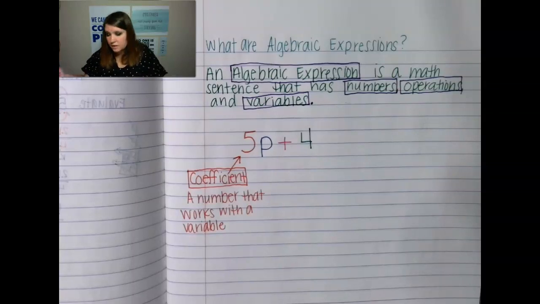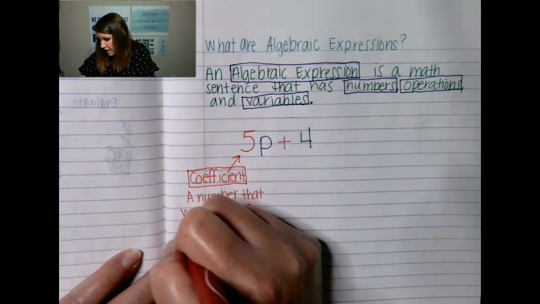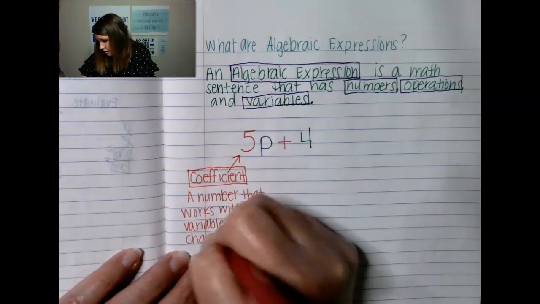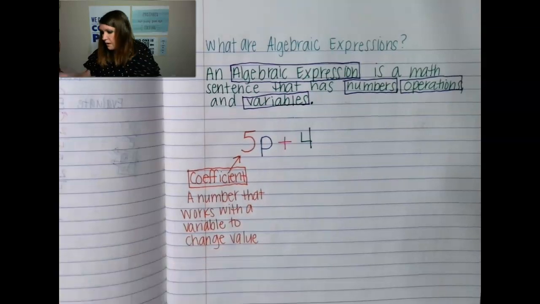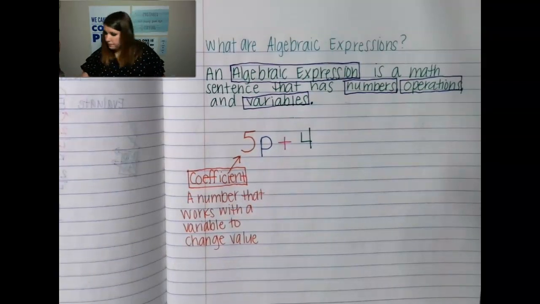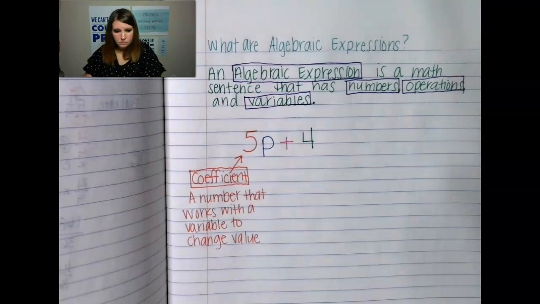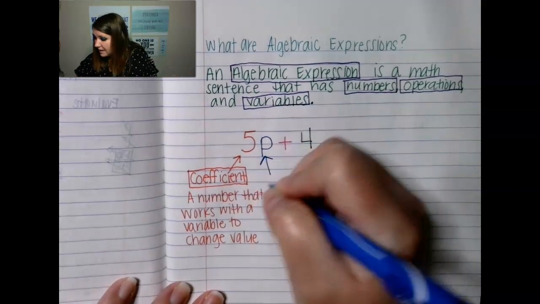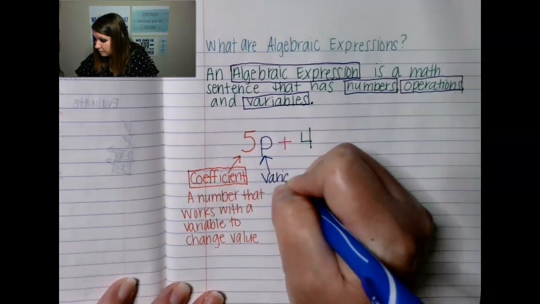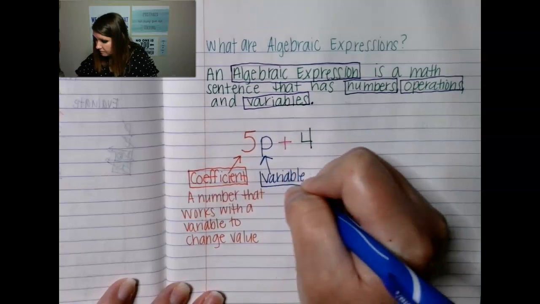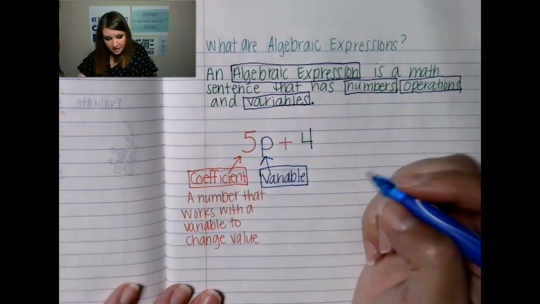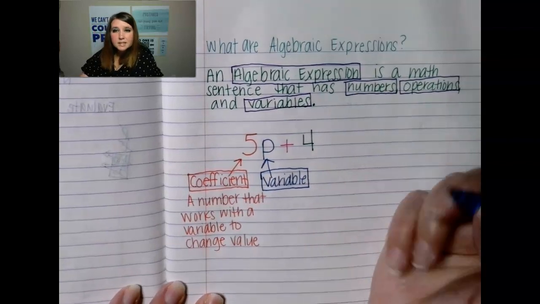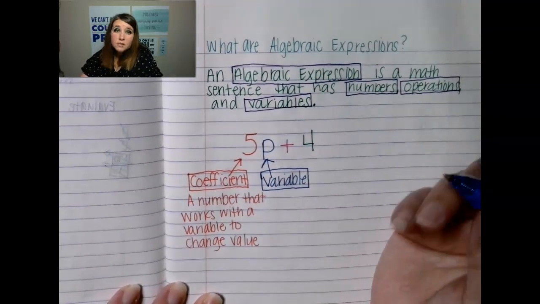A number that works with a variable to change value. All right, the variable. The P is the variable. The variable is a letter. It's a placeholder. It doesn't have a value yet.